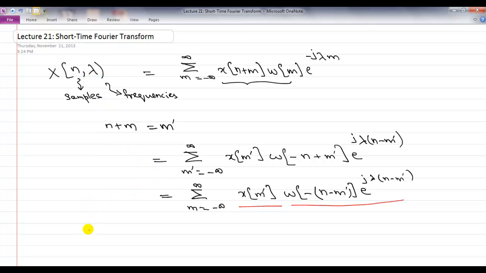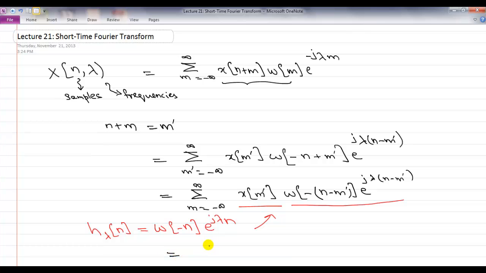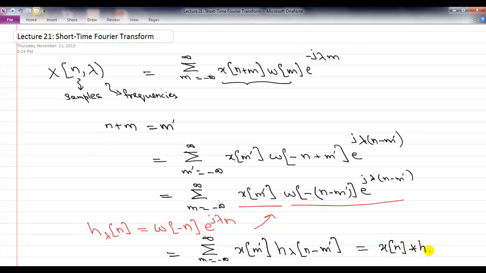So if I define h lambda of n equal to w of minus n e to the j lambda n, then I can equivalently write this as the sum over m prime of x of m prime h lambda of n minus m prime, which is simply the convolution between x of n and h lambda of n.